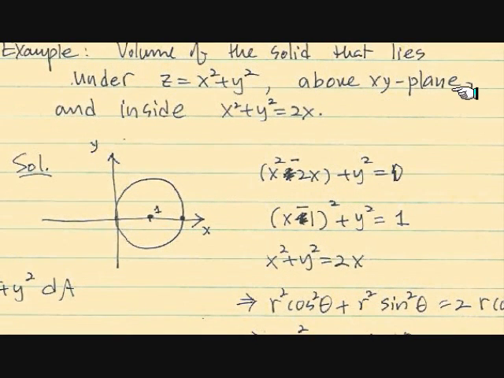Here it says above the xy plane, this is the xy plane, and this is the elliptic paraboloid, it's lying above there, and this is the cylinder. And from this equation you can see they're all positive, so it's definitely hovering over in here. If not, you have to figure out where z equals 0, and it might cut things like this, then figure out which one is lying above and which one's below.